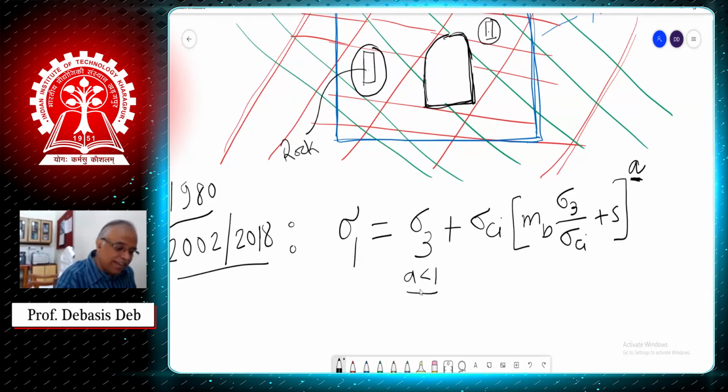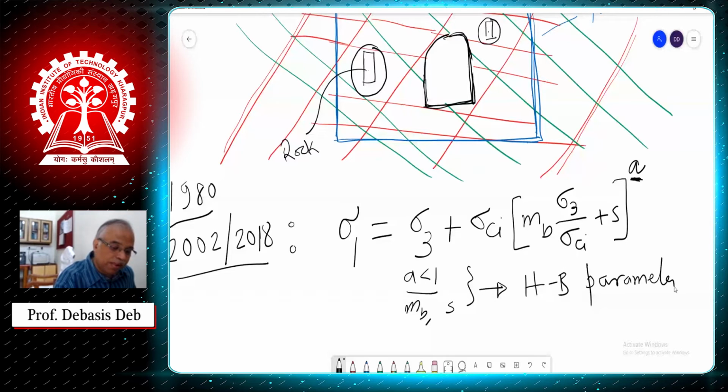Now here this A, MB and S, these three, we call Hoek-Brown parameters.